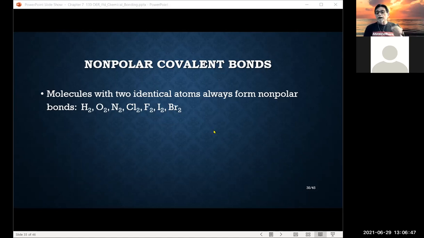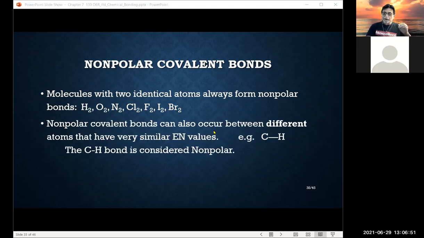Okay, when there is unequal sharing, what do I mean by that? When there are two non-metals that are bonded and one of them has a higher electronegativity than the other, you have unequal sharing, resulting in one of the atoms pulling the electrons onto itself much more than the other atom it is bonded to.